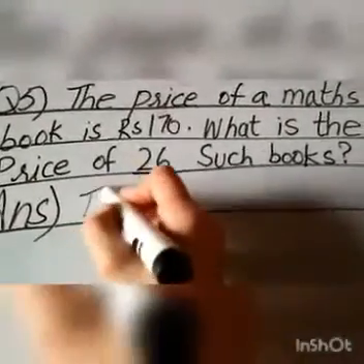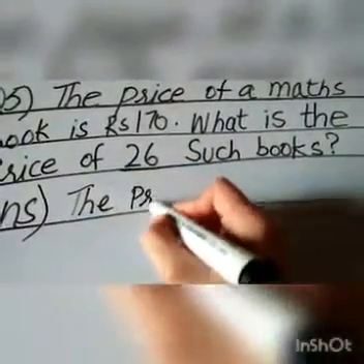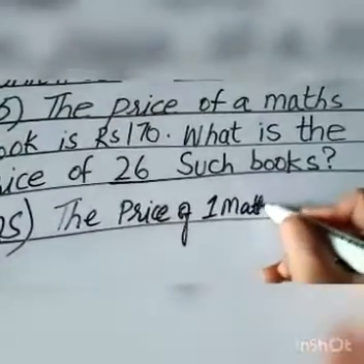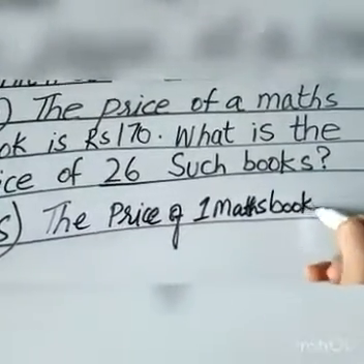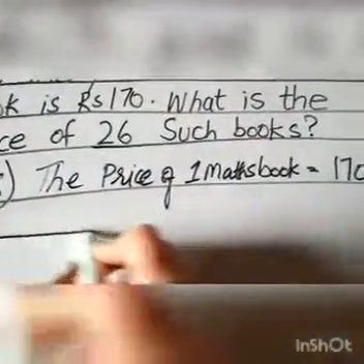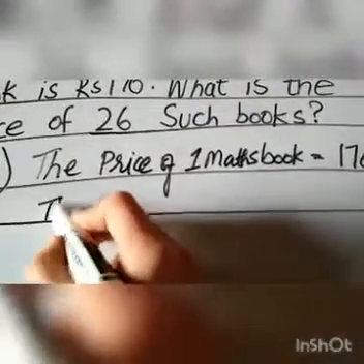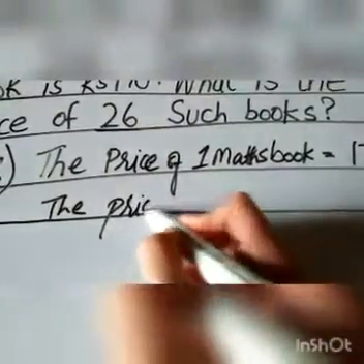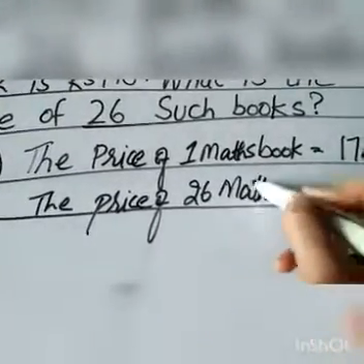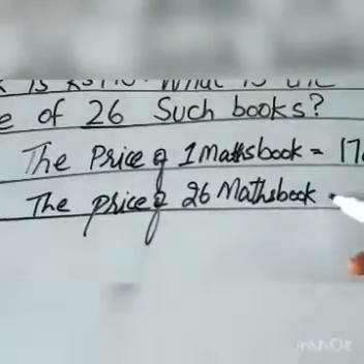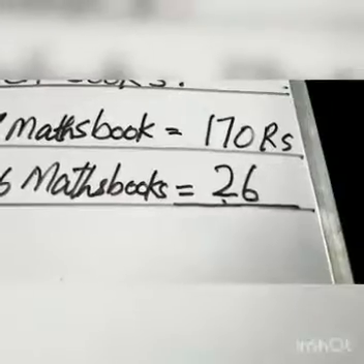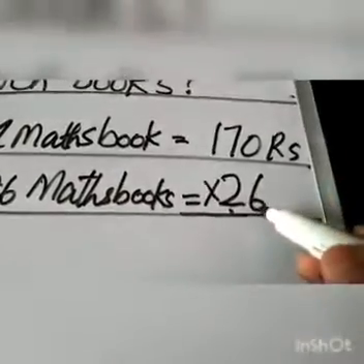Okay, the price of one maths book is equal to 170 rupees and the price of 26 such maths books is equal to 26. We have to multiply by 26.